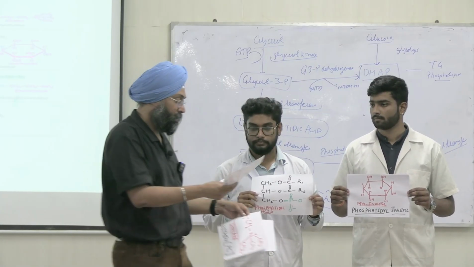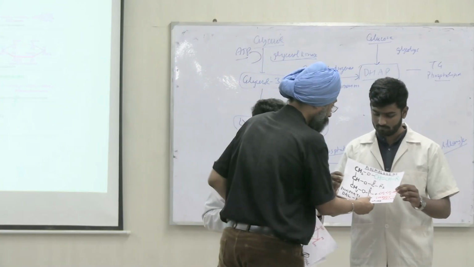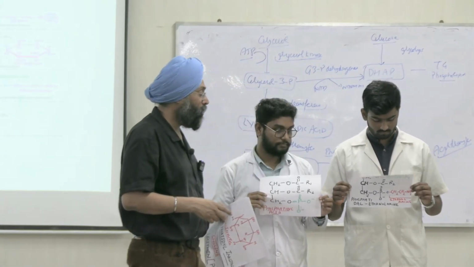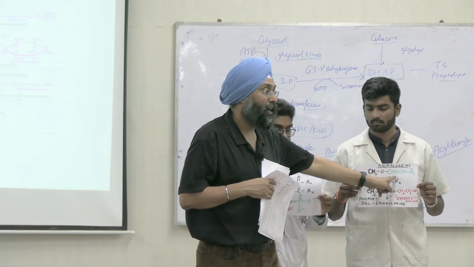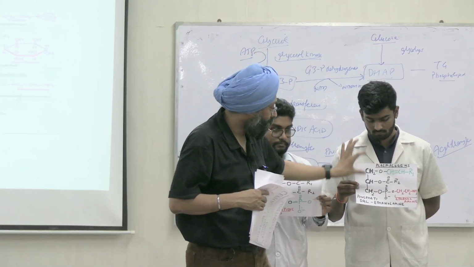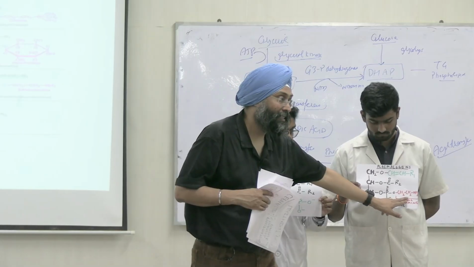And plasmalogen. What is the difference between phosphatidyl ethanolamine and plasmalogen? We have ether linkage at carbon 1 with phosphatidic acid. Phosphatidic acid is as such there, ethanolamine is as such there.